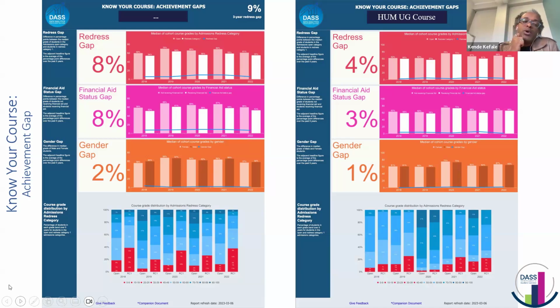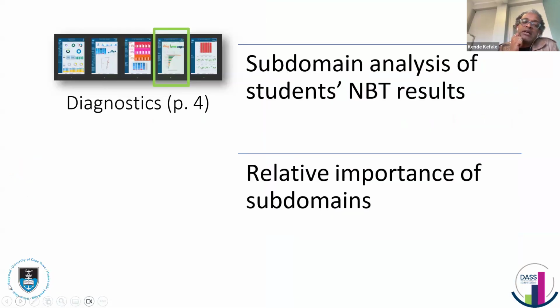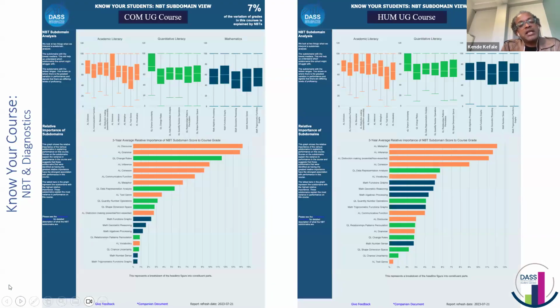So from here, what we go towards is what I call the diagnostics page. I will not spend too much time on this because the people that we co-developed this with are in the room, with Sanet, who introduced herself earlier, and she will walk us through how the diagnostic page works. Basically, it uses the NBT results, because we have very granular data in terms of the competencies that the students have, and it correlates that to performance in the particular course.